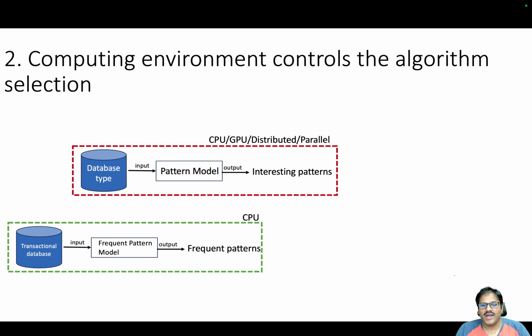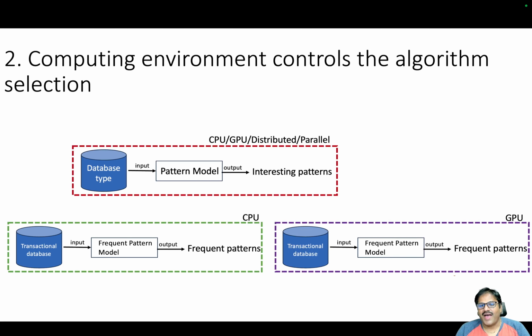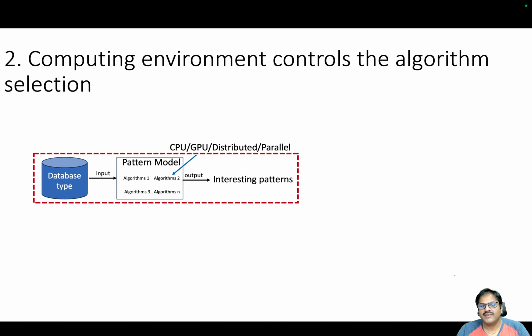The computing environment we have chosen here is CPU. Now, if I change the computing environment from CPU to GPU, then the algorithm changes. We cannot use the same algorithm. This is what we have to understand.